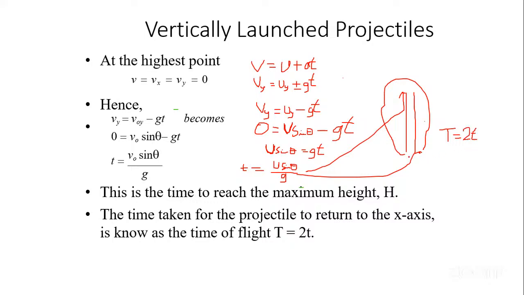Small t is the time it takes to get to the maximum height, and it is also the time it takes for the object to return from the maximum height to the point where it was thrown.